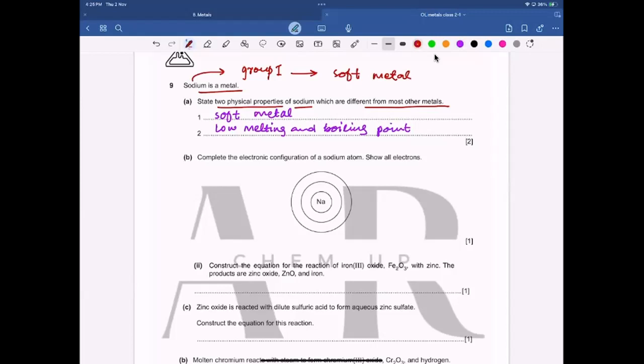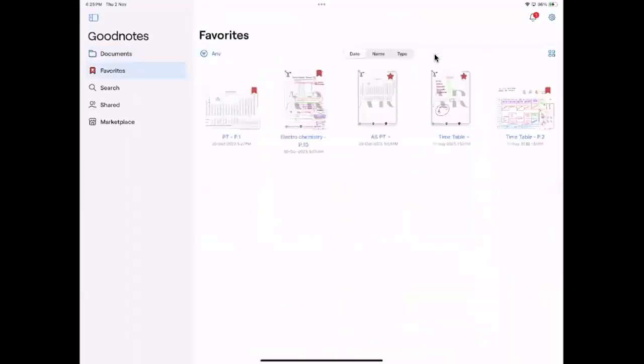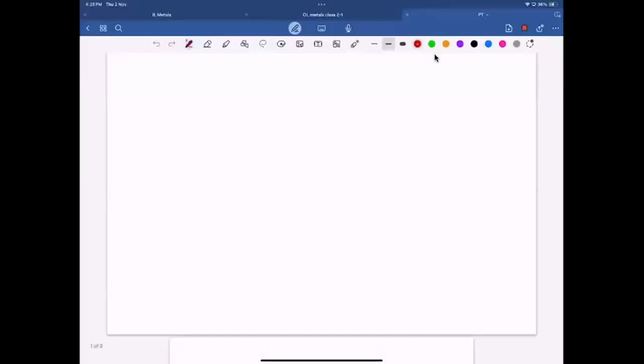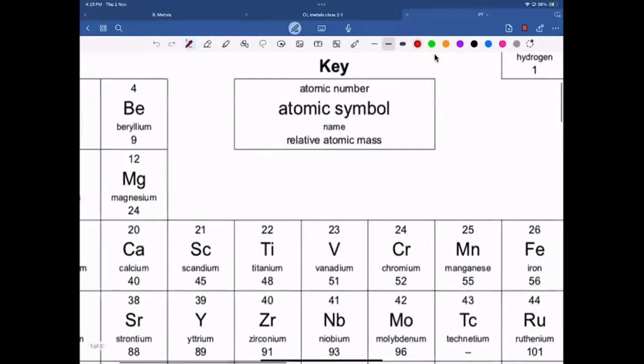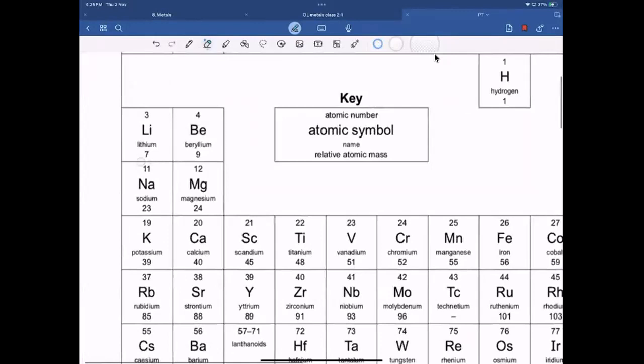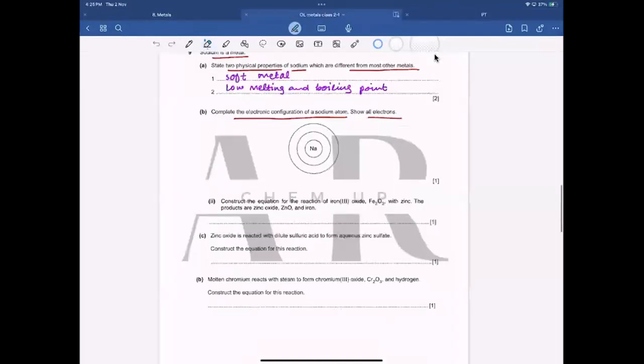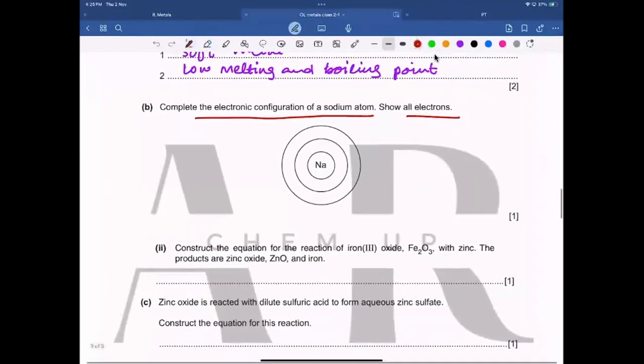Now, complete the electronic configuration of sodium. Show all electrons. So see how you will attempt this kind of question. You are going to look into the periodic table. See in the key, that is atomic number, and atomic number refers to the number of electrons in the atom. So the atomic number of sodium is 11. So it means sodium has 11 electrons.